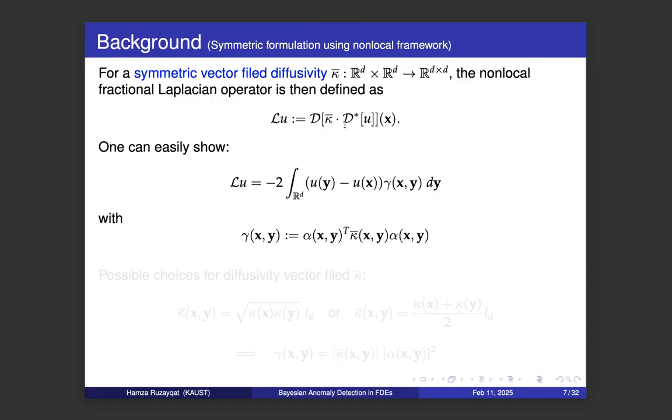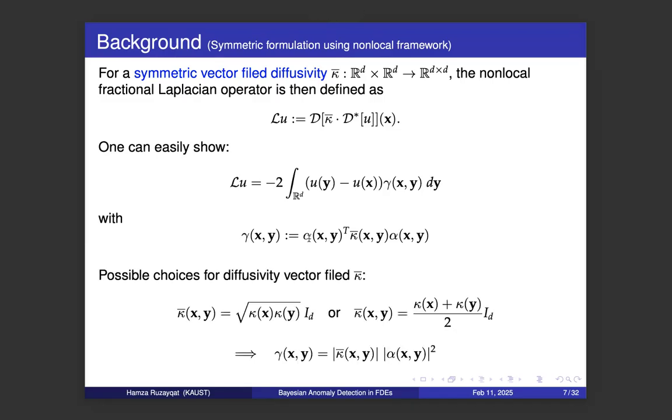So this setting actually works for any kappa xy and alpha xy, as long as this gamma here is symmetric and this alpha is antisymmetric. So one possible choice for this diffusivity vector field kappa line is to take it to be the square root of kappa of x, kappa of y times the identity.